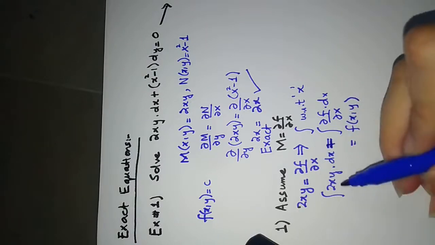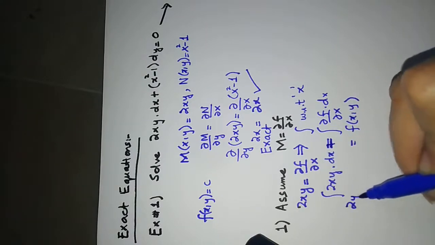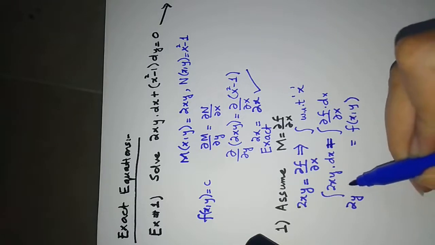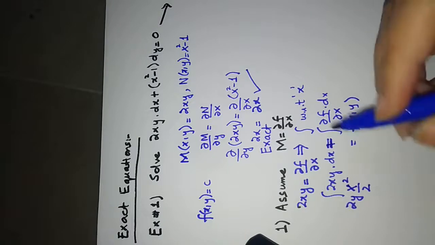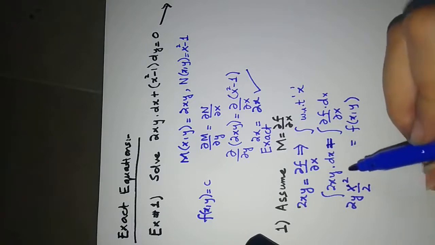The integral of x is, by the power rule, x² by 2, with 2y a constant. And what is the missing term?